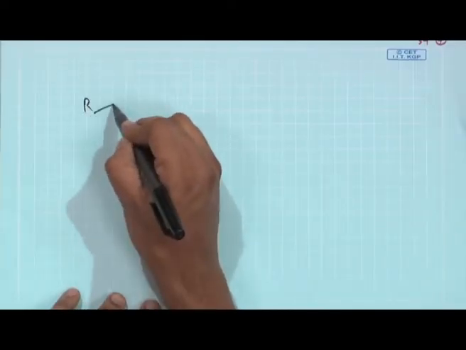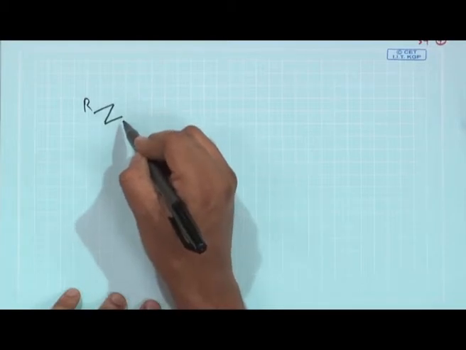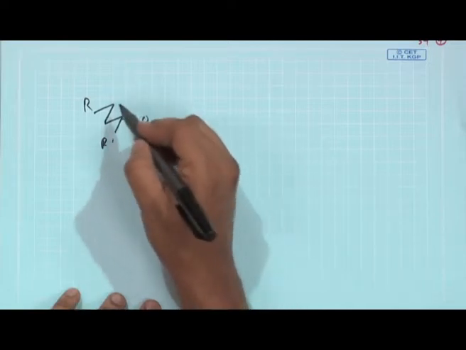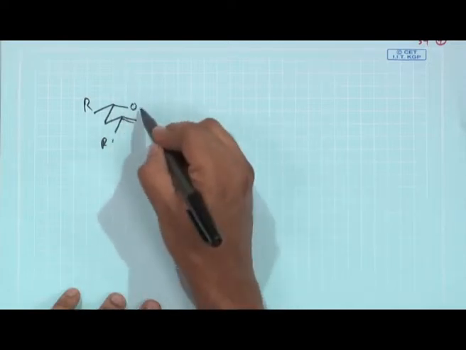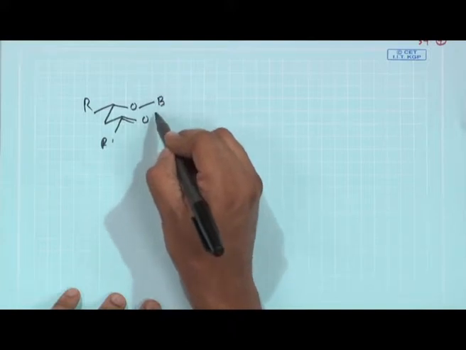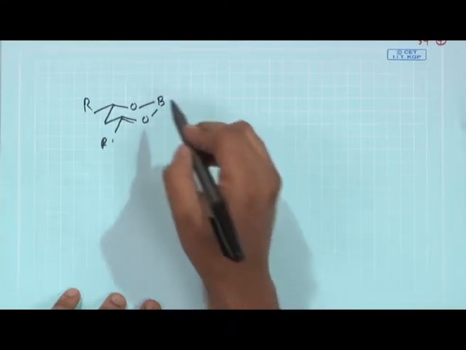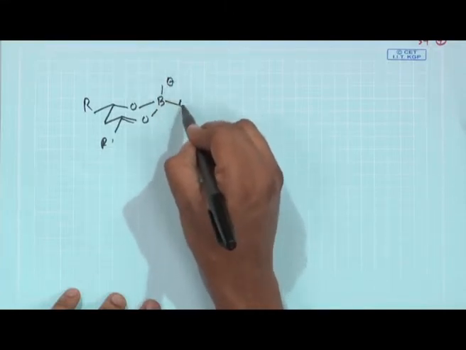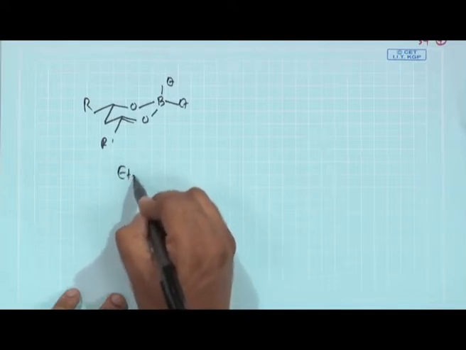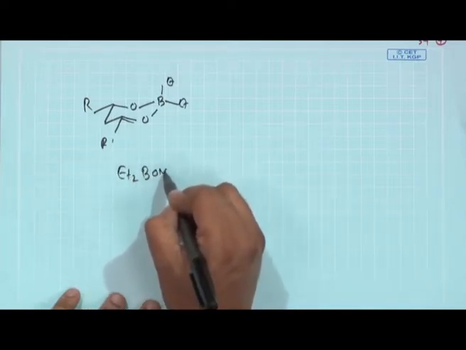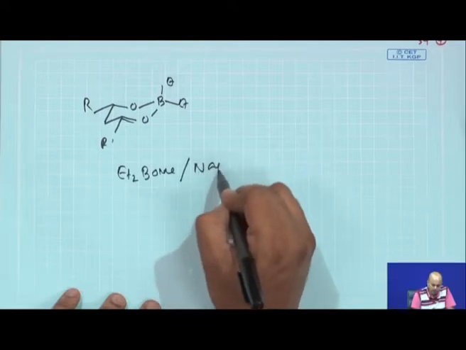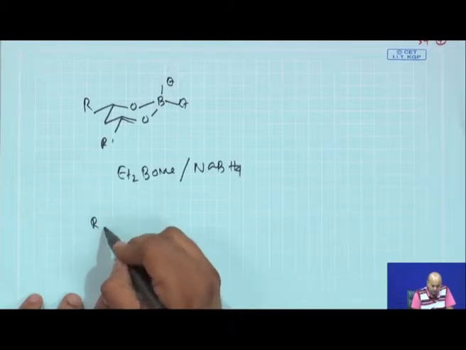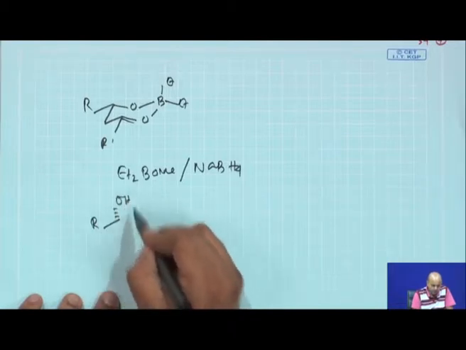If you draw the transition state again, the reagent system which was used is Et2BOMe and sodium borohydride, if you want to do the external hydride delivery for this reduction.